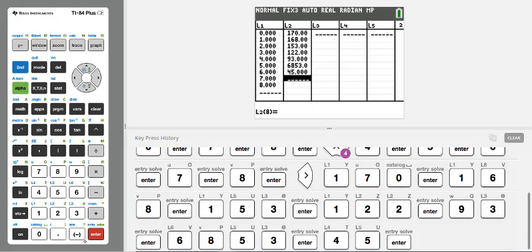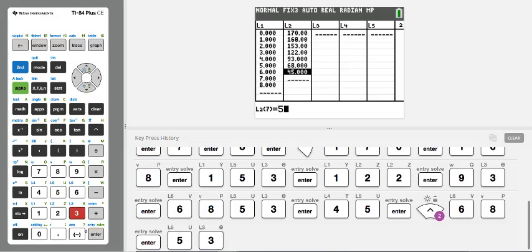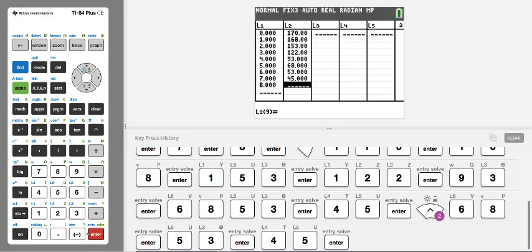Okay, I typed that one wrong. 68, enter, 53, enter, 45, enter, and the last one is 29. So make sure that you've got your corresponding X and Y, your ordered pairs, typed in correctly.